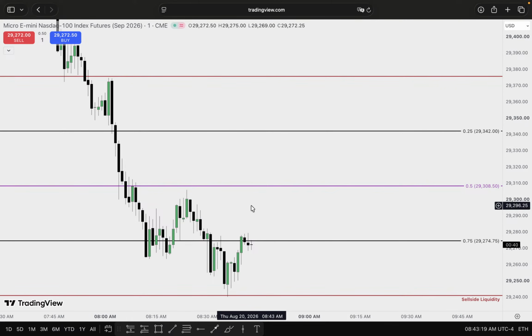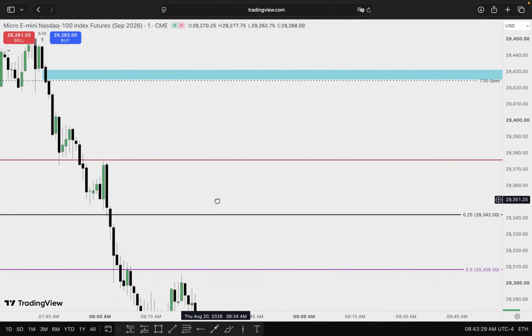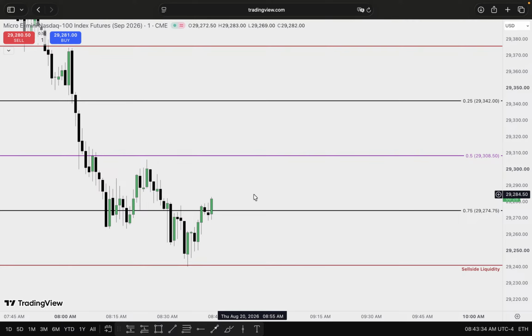Or we get this move higher, and then we can look for price to try to return higher to some buy stops that we might have to watch out for, like these minor ones up in here, whatnot. But really seeing if we can make it all the way up here without getting trailed out, if possible.